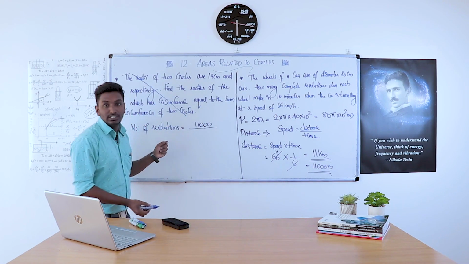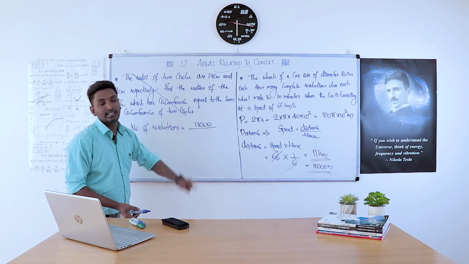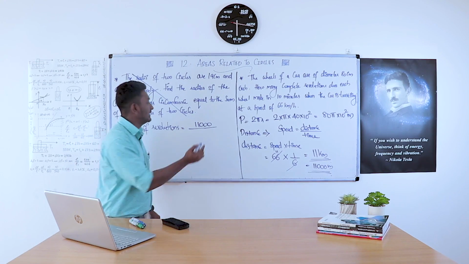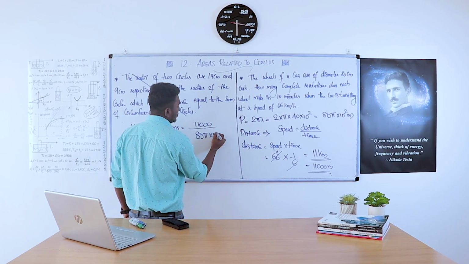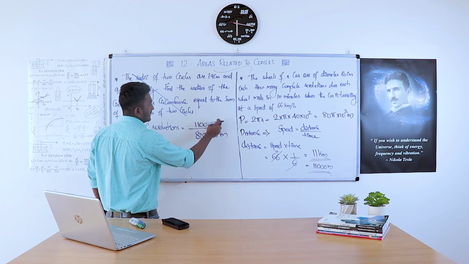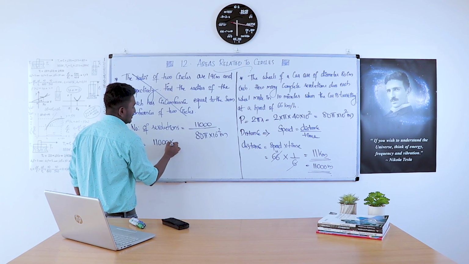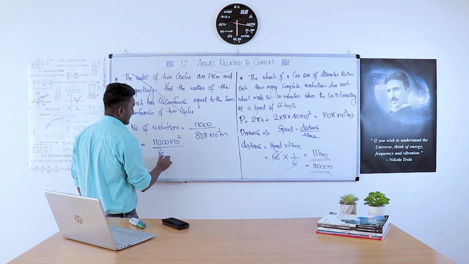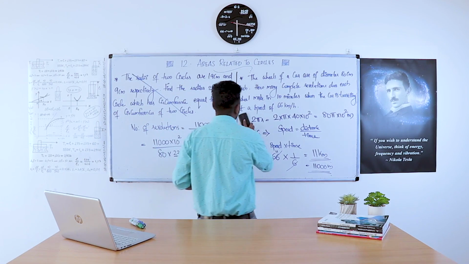So number of revolutions is equal to total distance divided by distance in one revolution. In one revolution, the tire moves a distance of 80 pi into 10 raised to minus 2 meter. The 10 raised to minus 2 comes to the numerator. It becomes 11,000 into 10 square divided by 80 into 22 by 7. Now by solving this, we get the answer.